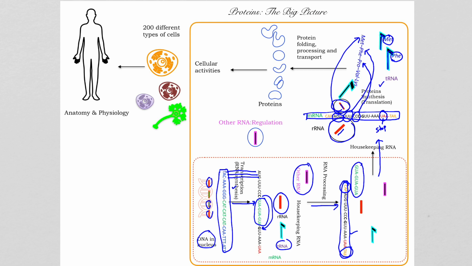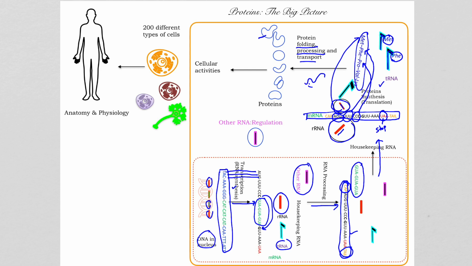The protein is released, and this protein starts folding. And the protein may also undergo further processing, and eventually the folded and processed protein is transported to the right location in the cell.